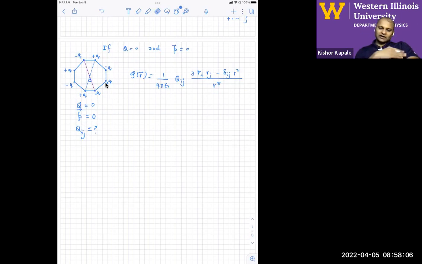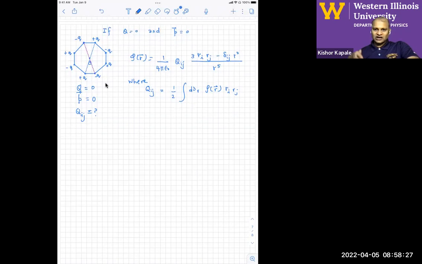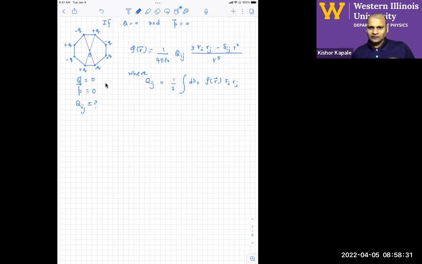On the left-hand side, there are no indices remaining because you're summing over them, where Qij is equal to half the integral d cubed r rho of r ri rj. If you have individual charges, then you can do the summation also, and that gives that.